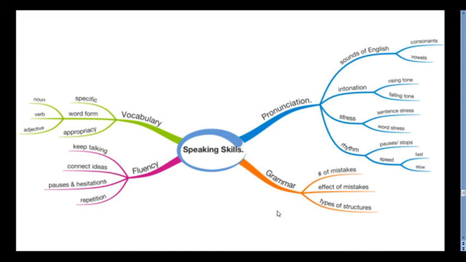If we want to be a good speaker, we should better ourselves with grammar knowledge. That is what we have to give importance to, and we should speak the sentences without committing mistakes.